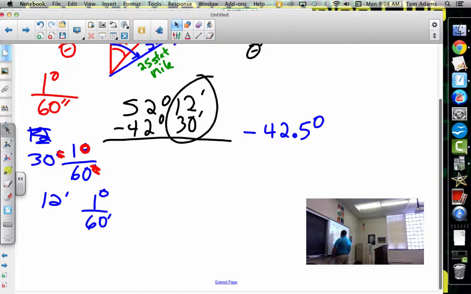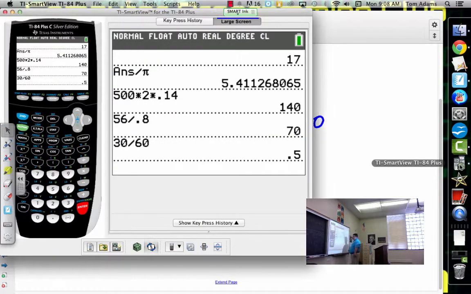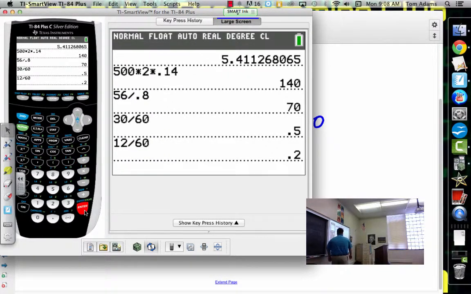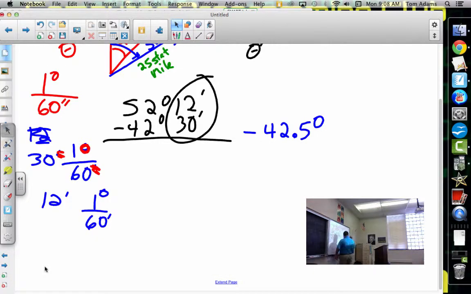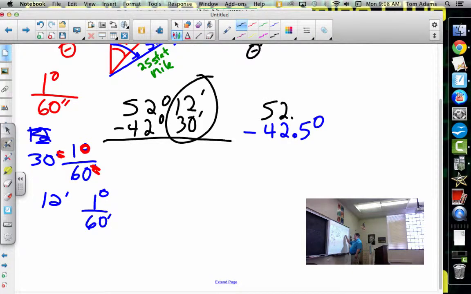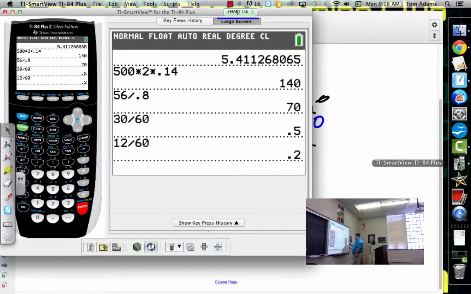Well, it's 12 divided by 60, which should be 0.2, but let's check. 12 divided by 60 is 0.2, right? Because it's 1 over 5, and then you double it to get the tenths, right? So 0.2. So then this becomes 52.2 degrees.